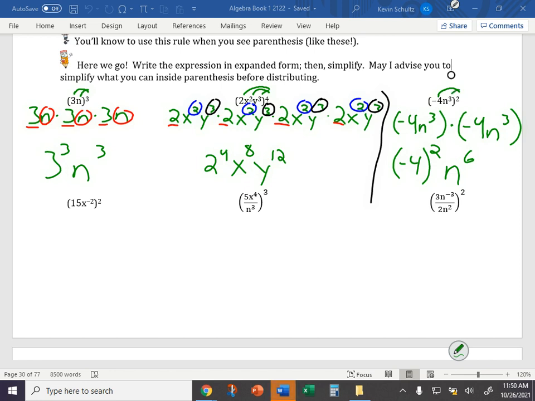If you wanted to write this out, negative 4 times itself is a positive 16, n to the 6th, that would be fine too. Okay? But there is a question on your test about a negative sign being in parentheses when it's part of the base. So star that, mark it, remember it. Okay, there you go.